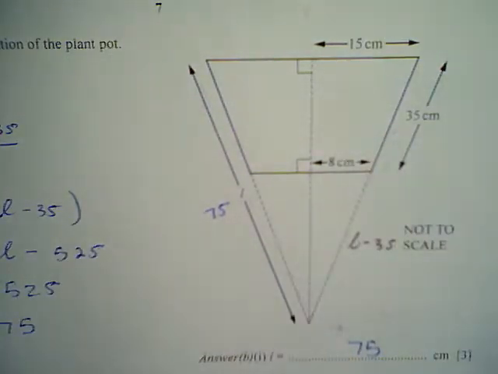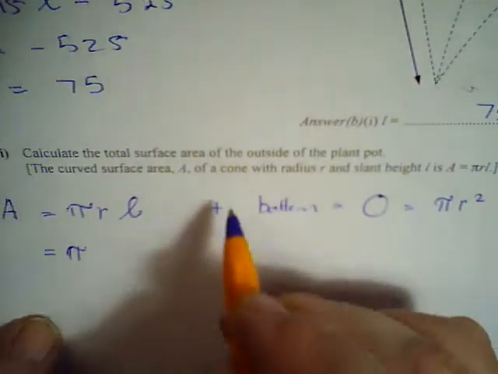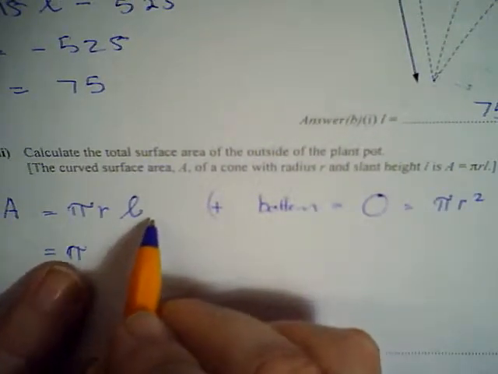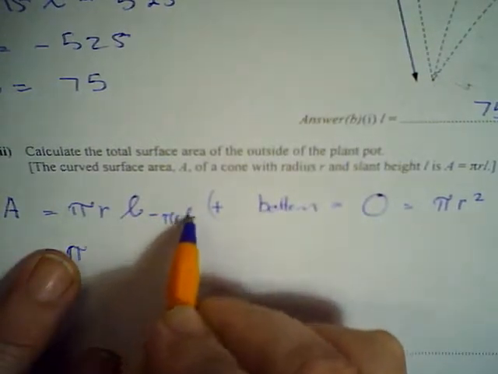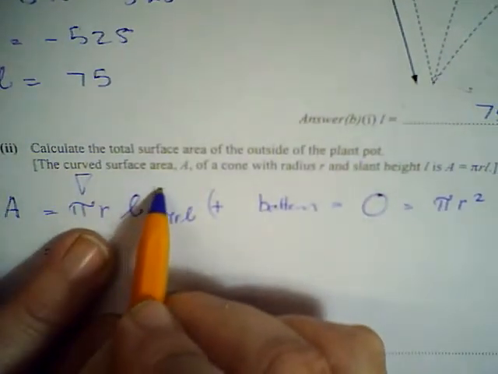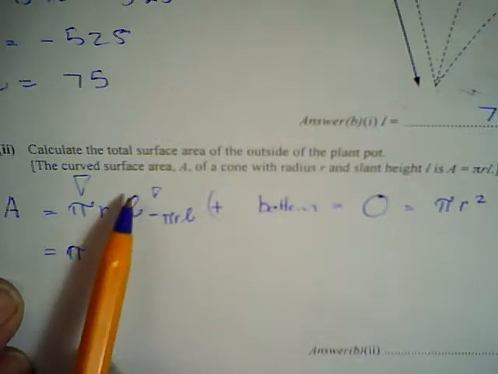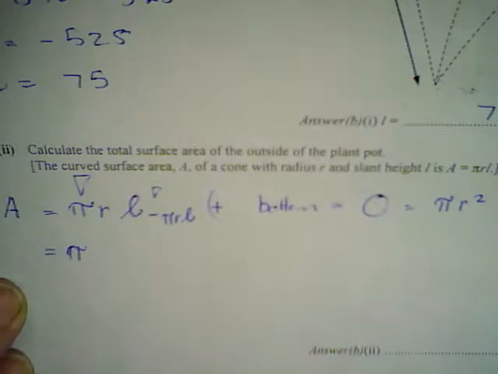Okay, so I need to add one little bit of information here. That needs to be done second. We need to then also subtract pi rl. So it is my original one minus my smaller cone, and that would give me the pot plant part of the cone that's left over.